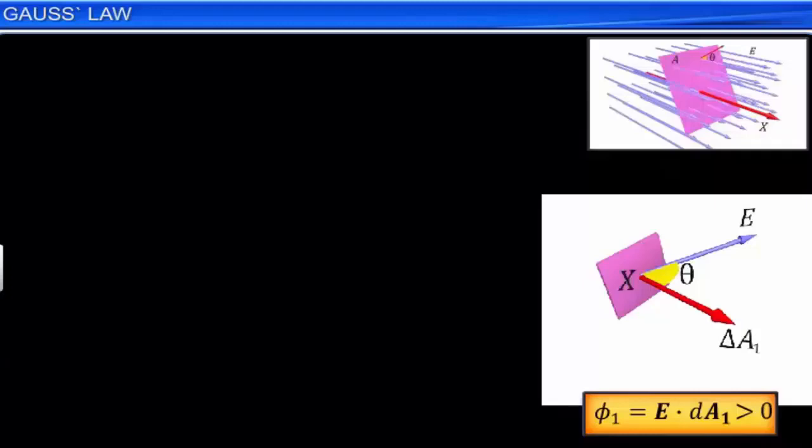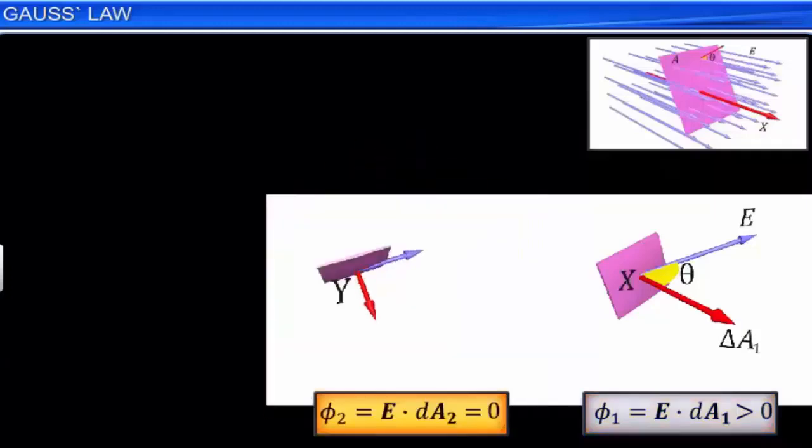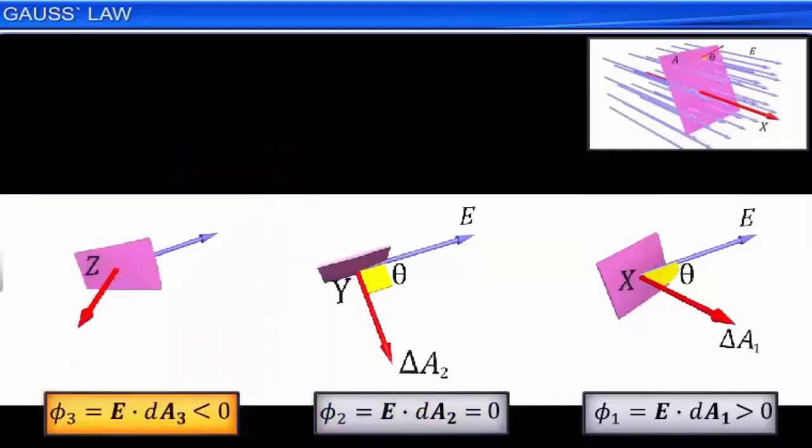Since theta is equal to 90 degrees for element Y, the electric flux for Y is equal to 0. For all such elements, the flux through the surface is 0. Similarly, since theta is obtuse for element Z, the flux through the element is negative.